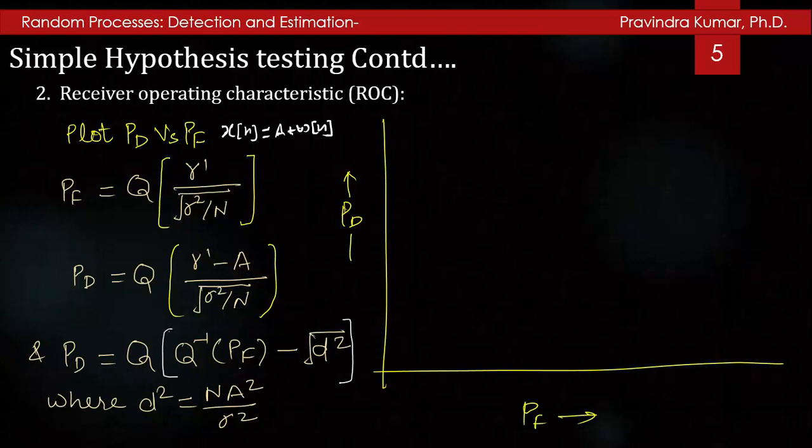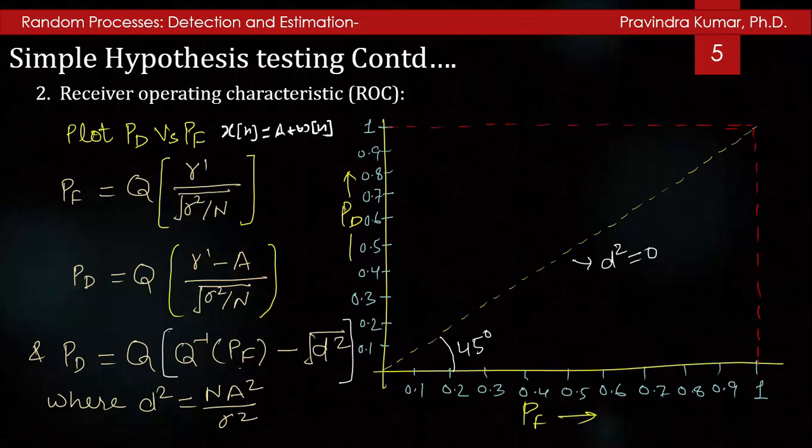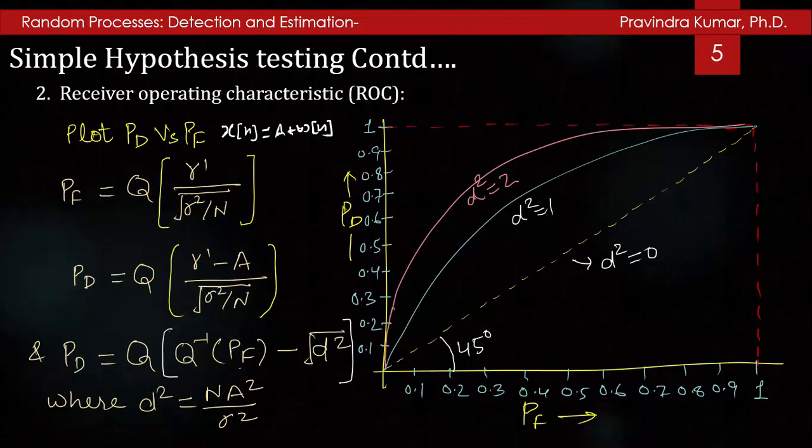So in the plot between PD and PF, you can see the curves for different values of the deflection coefficient. The ROC curve is always above the 45-degree line, because for d² = 0 it is the 45-degree line, and a family of ROCs is generated for different values of the deflection coefficient. For d² = 1 the curve will be like this, for d² = 2 the curve will be like this, and for d² much greater than 1 it will be like this.